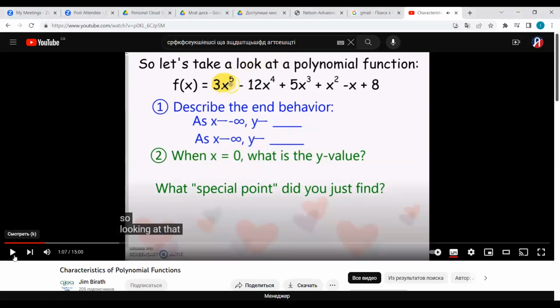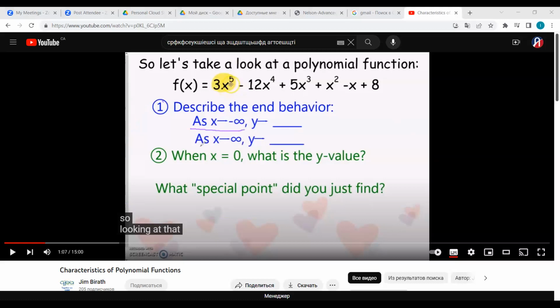So I'll stop the video for a second. Here on the screen, you can see two basic methods, and basically two basic steps in analyzing polynomial functions based on their characteristics.